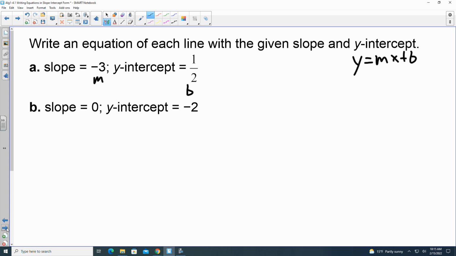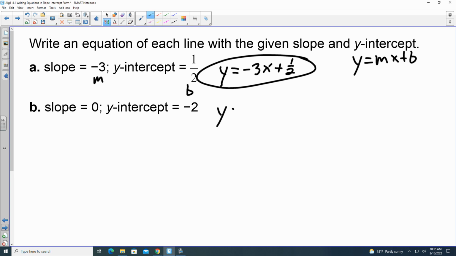That's for both examples. So for example A, our equation would then be y is equal to negative 3x plus 1/2. And for B, our equation would be y is equal to 0x minus 2, or to simplify, it can just be y is equal to negative 2.